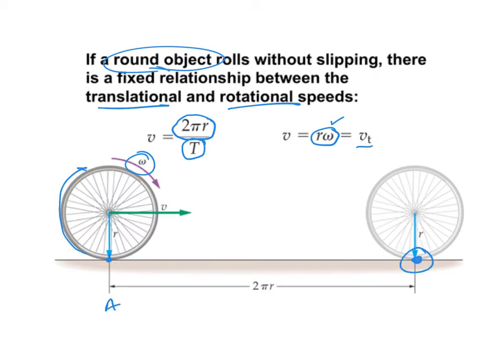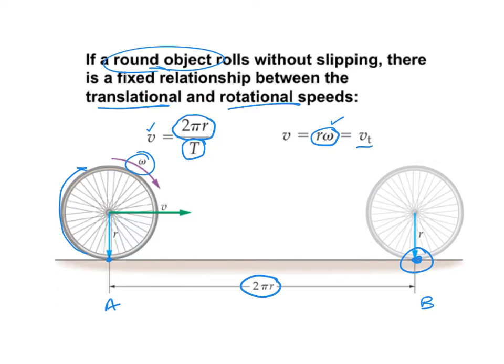Let's call this point A, and this point B. When it gets to point B, it's made one full revolution. The distance it's covered on the ground, if it hasn't slipped, that's why rolling without slipping is such an important situation. It's a special case where you know the exact distance it's gone when it rotates. It's gone one circumference, so you can calculate the linear velocity that way.